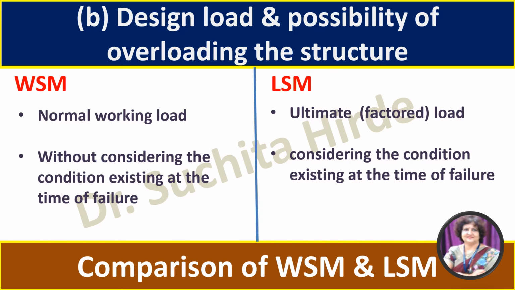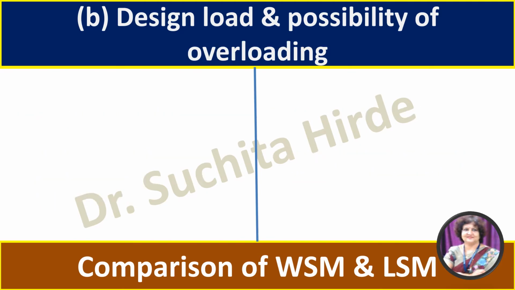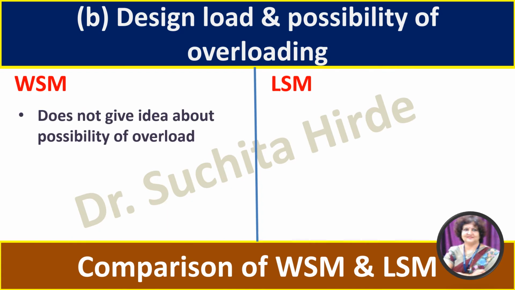So in working stress method, the design is based on normal working load, whereas in limit state method, the design is based on ultimate load. In working stress method, since we design the structure on the basis of working load, it does not give any idea about the excess load the structure can carry without collapse.